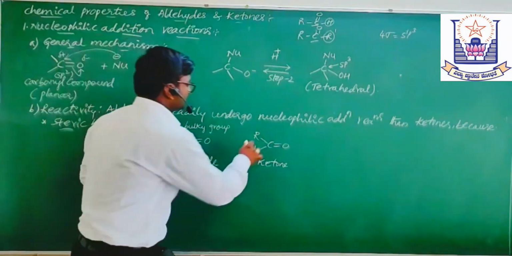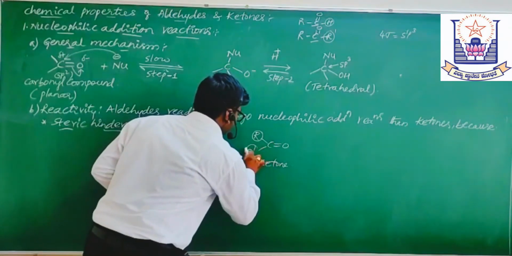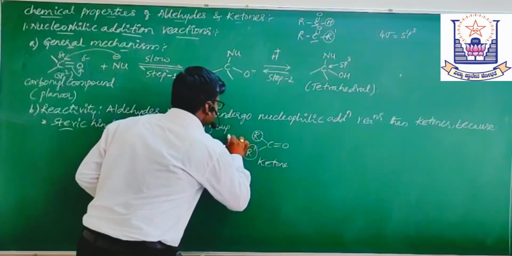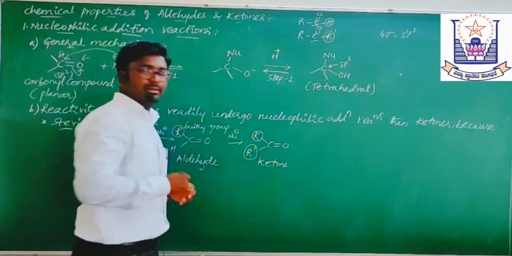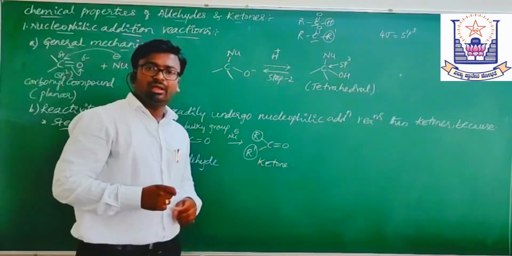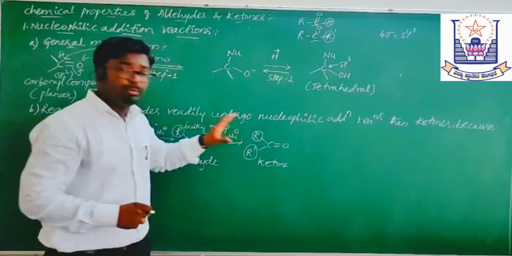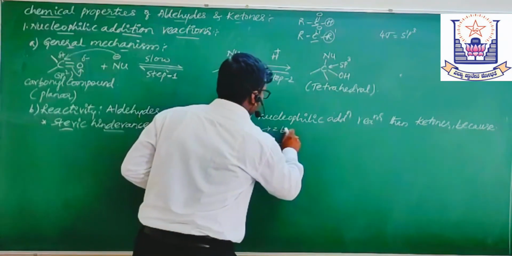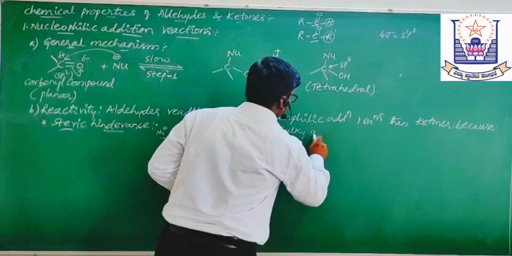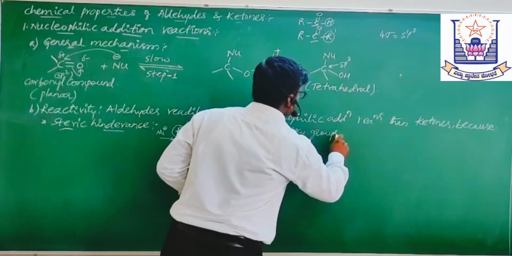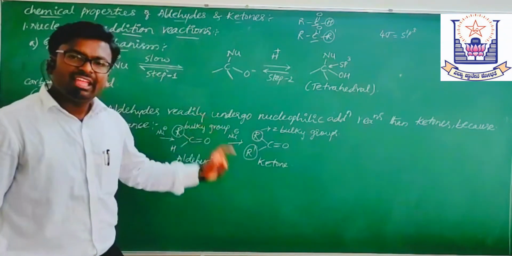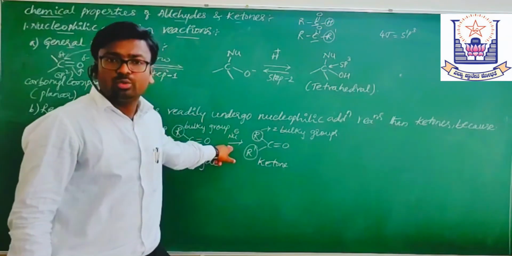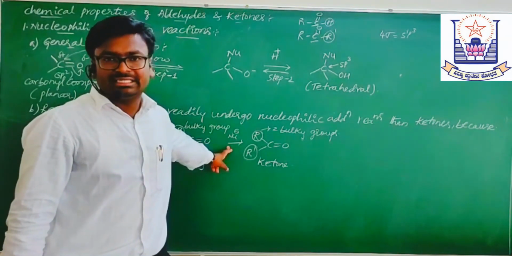Come to this point. If the nucleophile is coming to attack the carbonyl carbon in a ketone, there are two bulky groups. This will definitely repel the nucleophile to a greater extent.